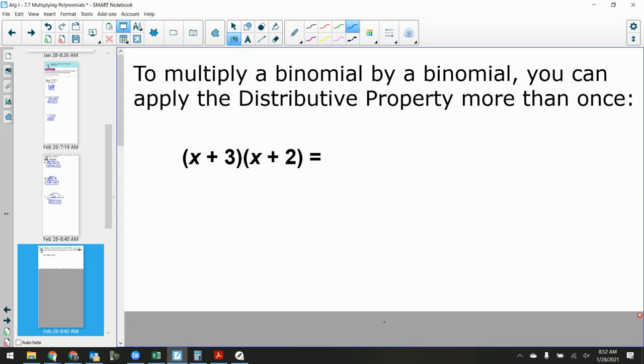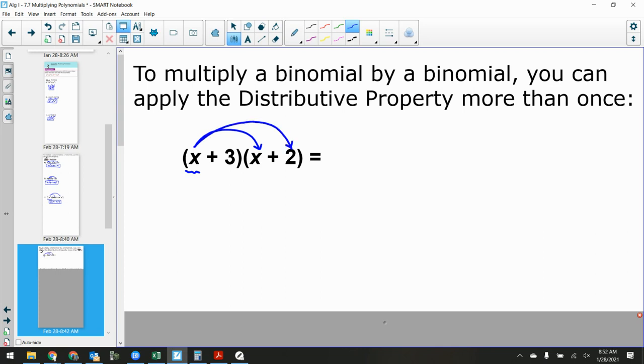Do we all agree that x plus 3 is a binomial? Two terms. It's a linear binomial. I've got two binomials multiplying them together. They don't have to be linear, but I can use the distributive property for both pieces. I'm going to take this x and distribute it into this x and this 2.